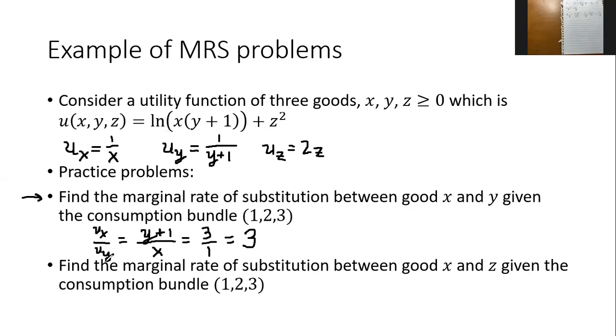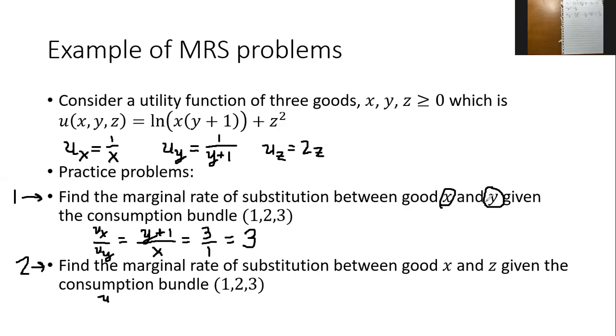But let's do this second one here. For this one, oh, by the way, someone asked about z with respect to this first problem. Let's call this problem 1 and call this problem 2. Problem 1 is only asking about good x and good y. Good z doesn't have anything to do with this.